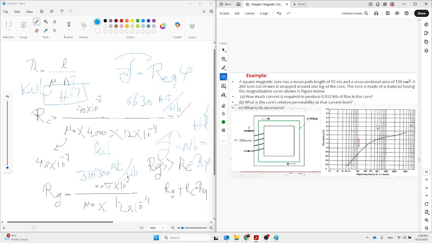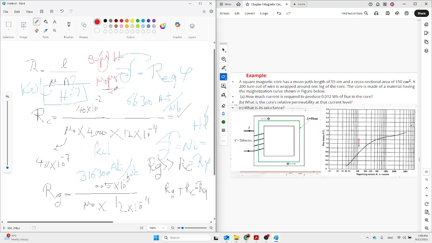The magnetizing curve here is not mu r. Can you remember the formula? B equals mu H, so mu 0 times mu r. So this graph shows only mu r. Don't forget that one.